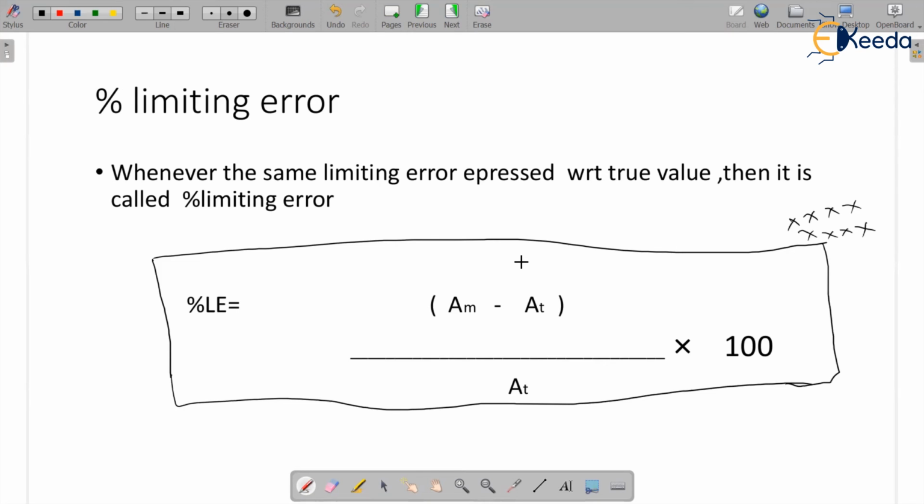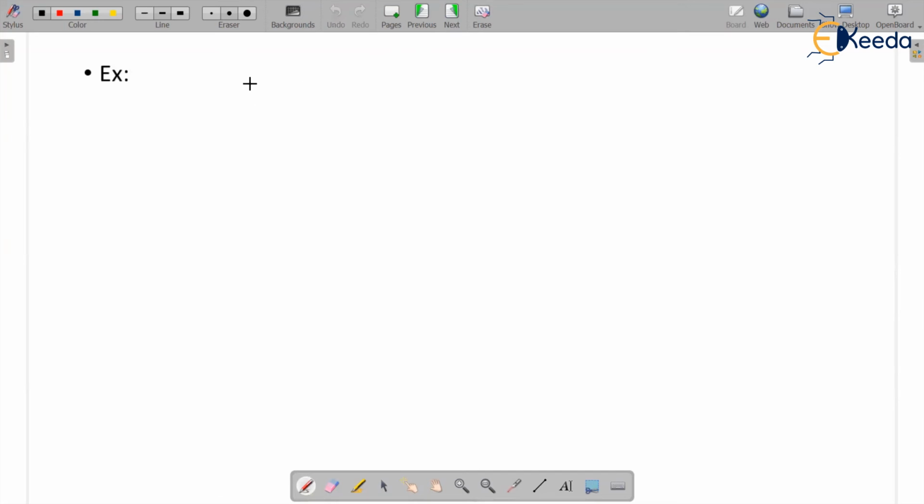Let's go for the next slide and take an example. A 0 to 10 amperes ammeter with percentage GAE equal to plus or minus 1%.